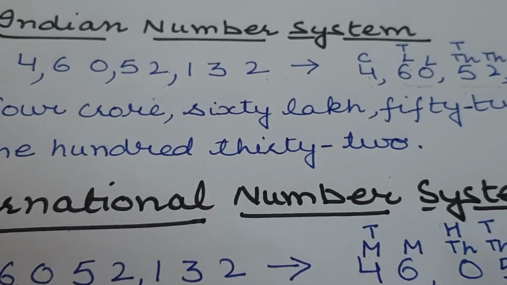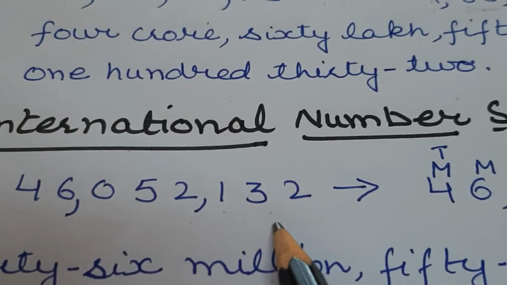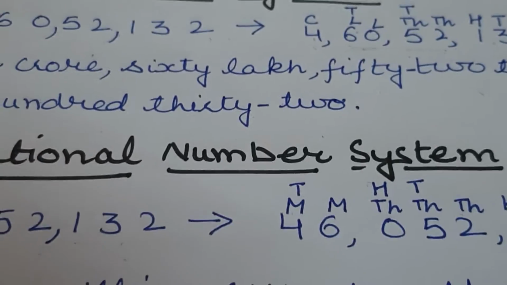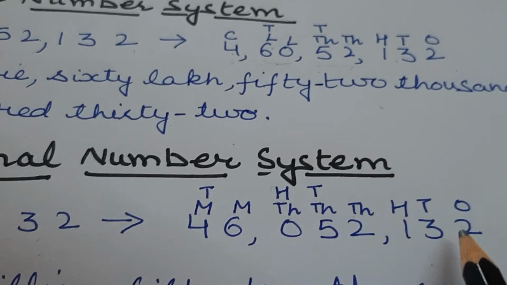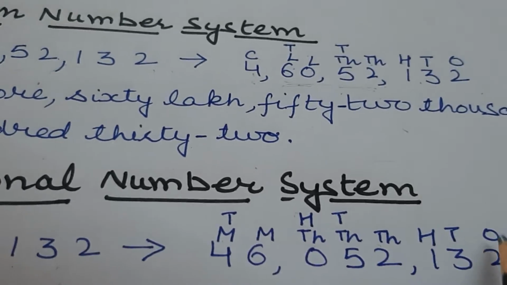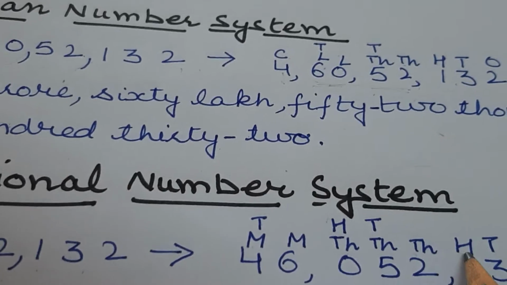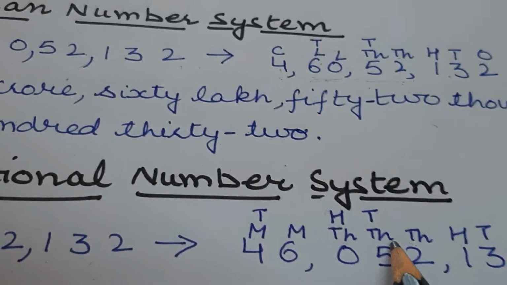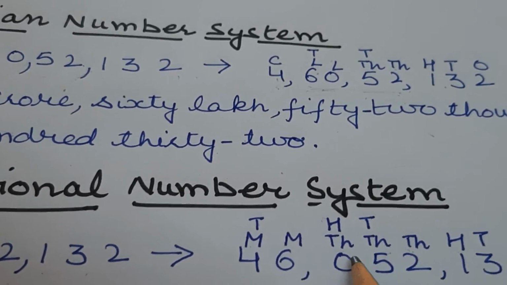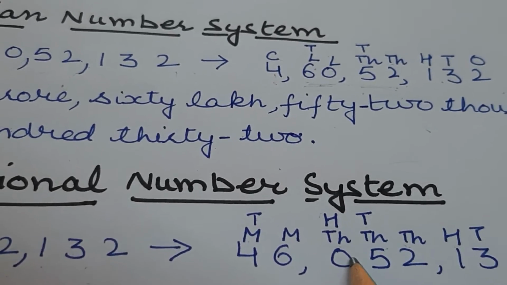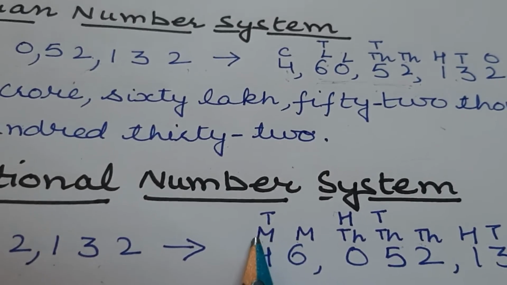After putting commas according to periods, we now write the places on each digit. So ones, tens, hundreds, thousands, ten thousands. Because it is the international system, then hundred thousand, then million, ten million.